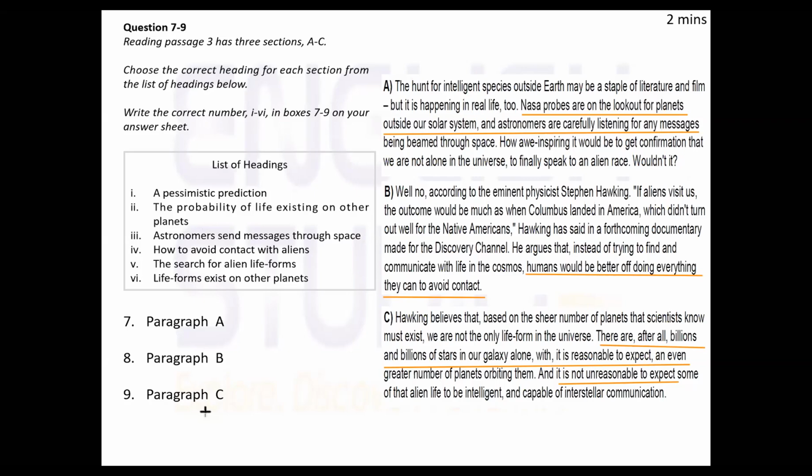For number 9, the correct answer must be heading 2, the probability of life existing on other planets, and not heading number 6, life forms exist on other planets. Okay, pay attention to the words in the paragraph, because number 6 was made on purpose to make us answer wrongly. So you have to be careful when you are reading the reading passage.